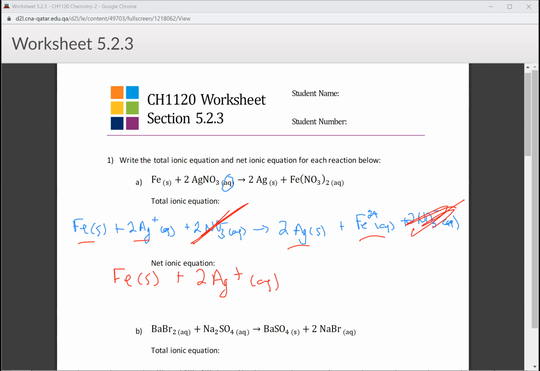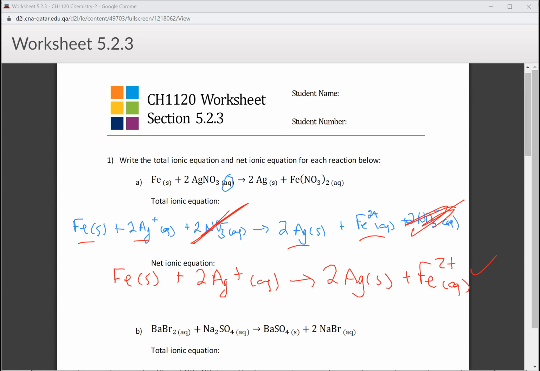There's nothing I need to add here. That would be the total ionic equation in the blue and the net ionic equation in the red. Oops, this should be Fe2+, not F2+.